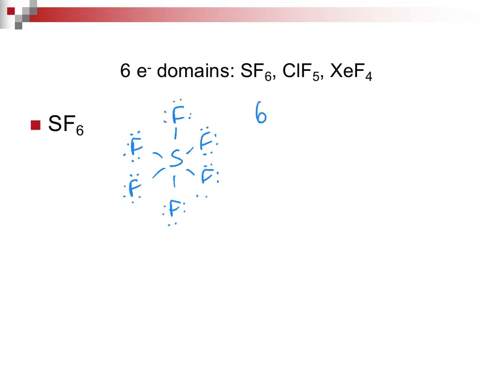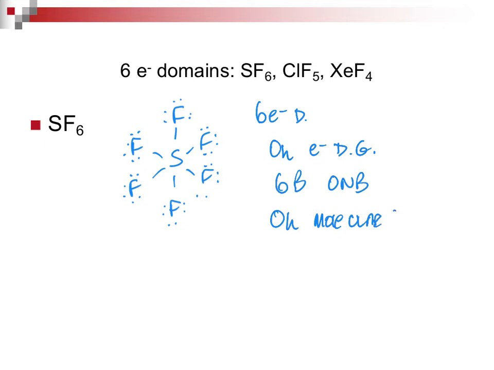So what we have here are 6 electron domains, and we would call this octahedral for electron domain geometry. We have 6 bonding, 0 non-bonding. So octahedral would be our molecular geometry. And the molecule is nonpolar.